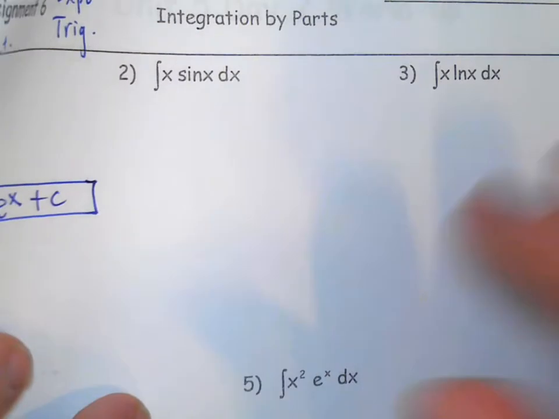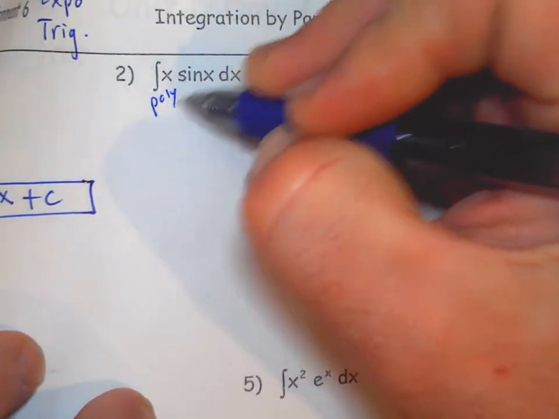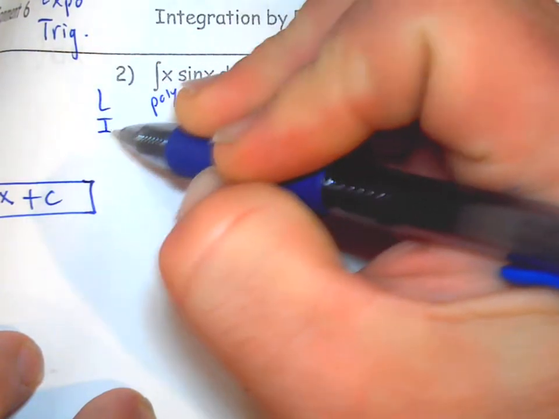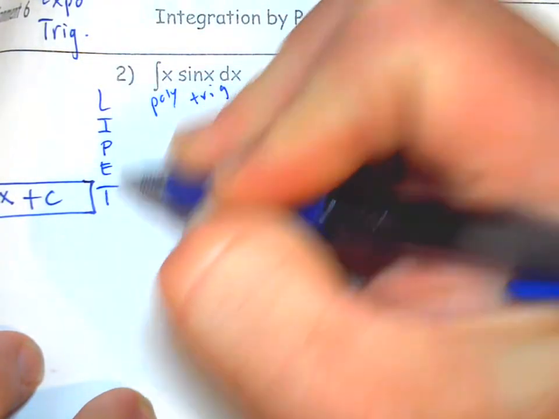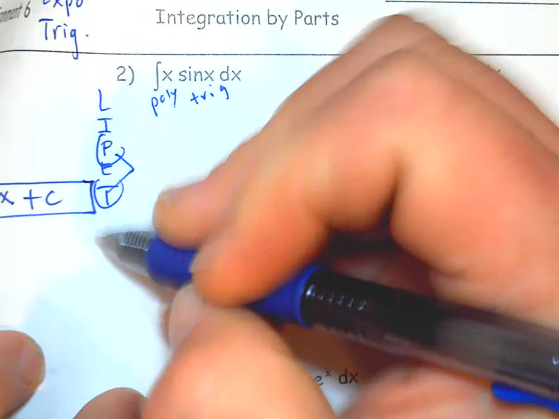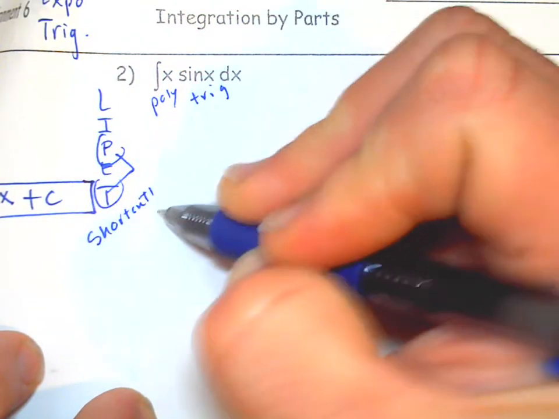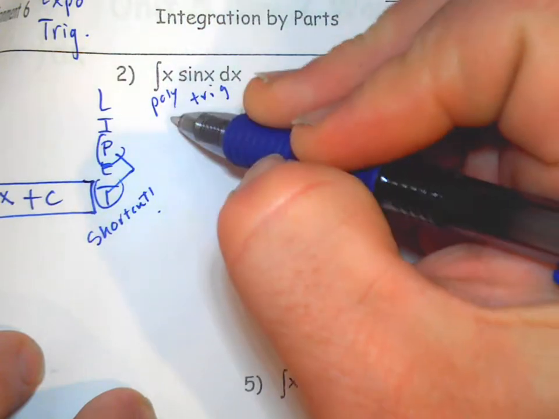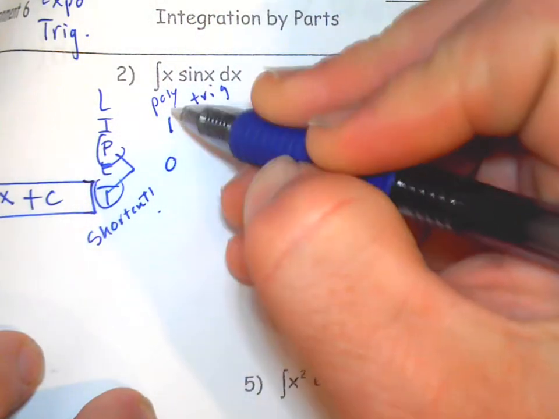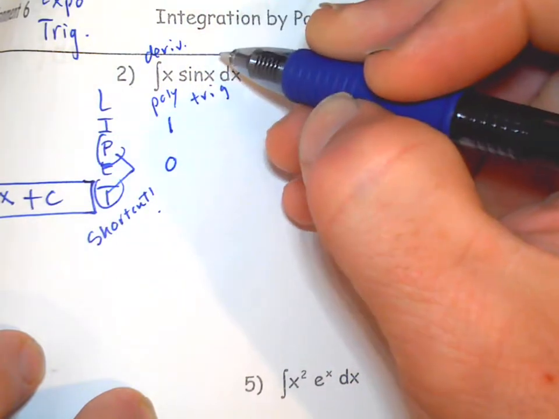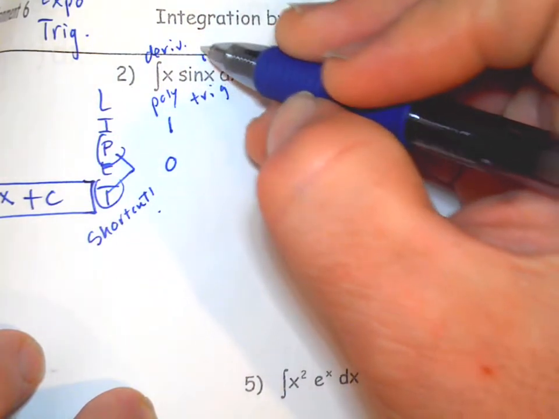Okay, number 2, we have Poly and Trig. So it's LIPET, right? We can do the shortcut, Poly-Expo or Poly-Trig. So derivative of x is 1, derivative of 1 is 0. You want to go all the way till you get a 0 with the thing that should go to 0 when you take a derivative. Otherwise, you're doing the wrong one. Integrate this side.